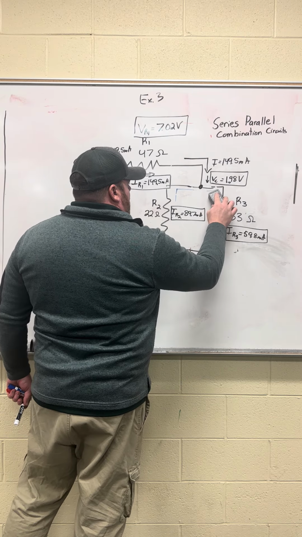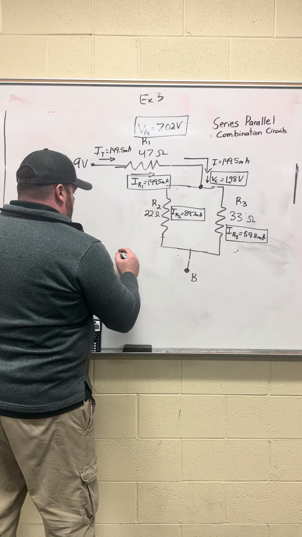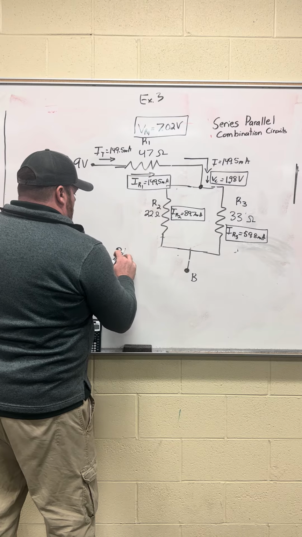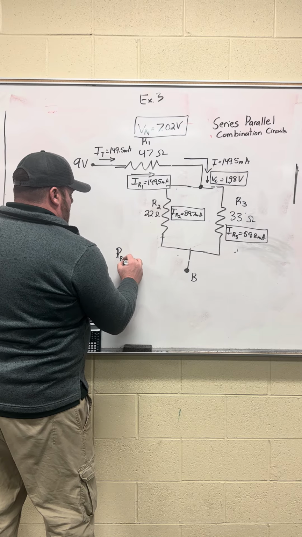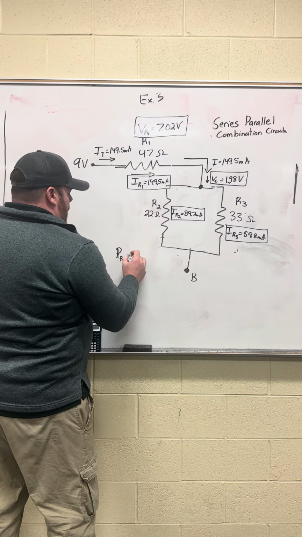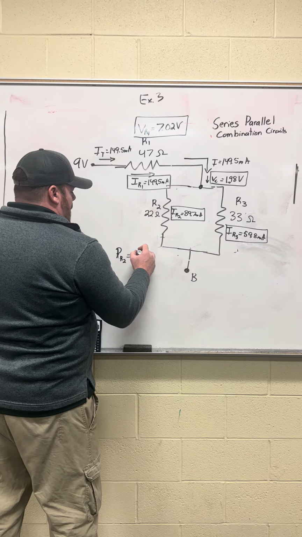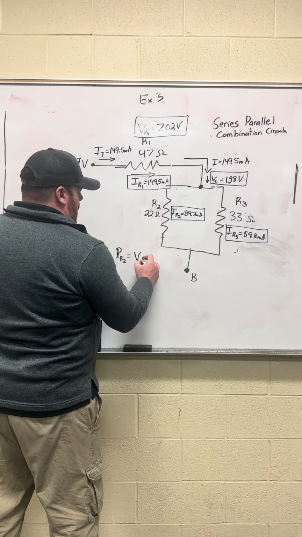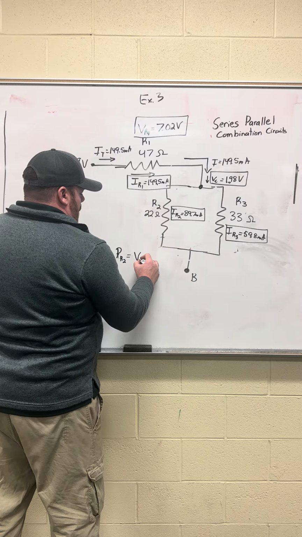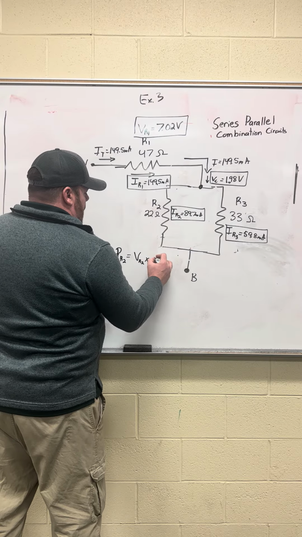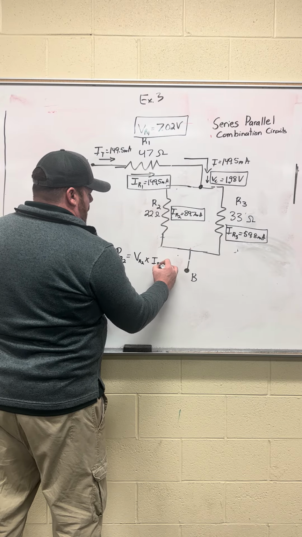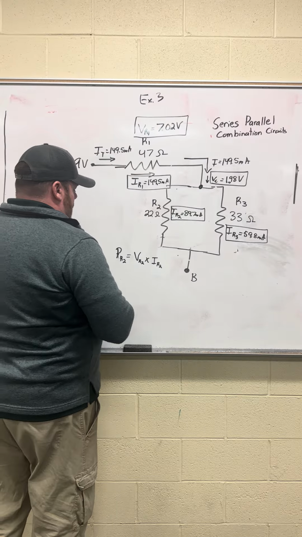And at that point, the power consumed by a specific resistor, so I'm just looking at this one for right now. P of R2 is going to be equal to the voltage drop across that times the current flow through that resistor.